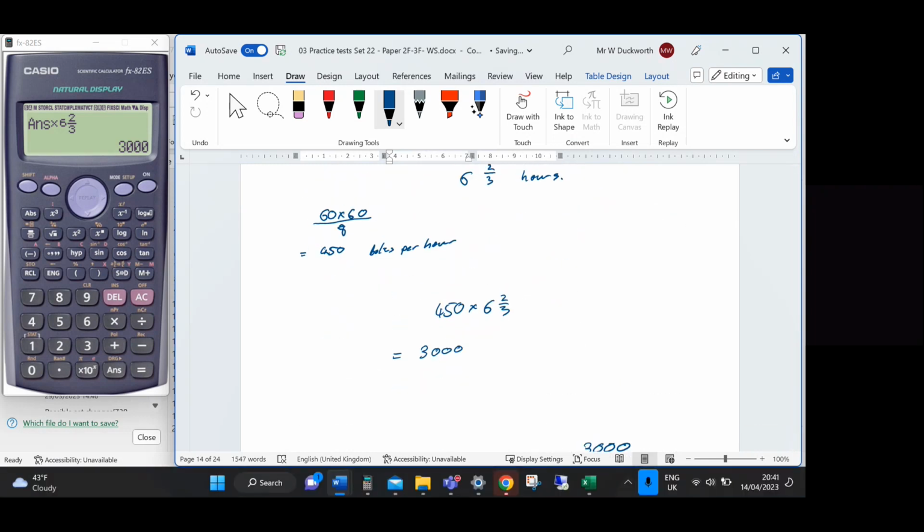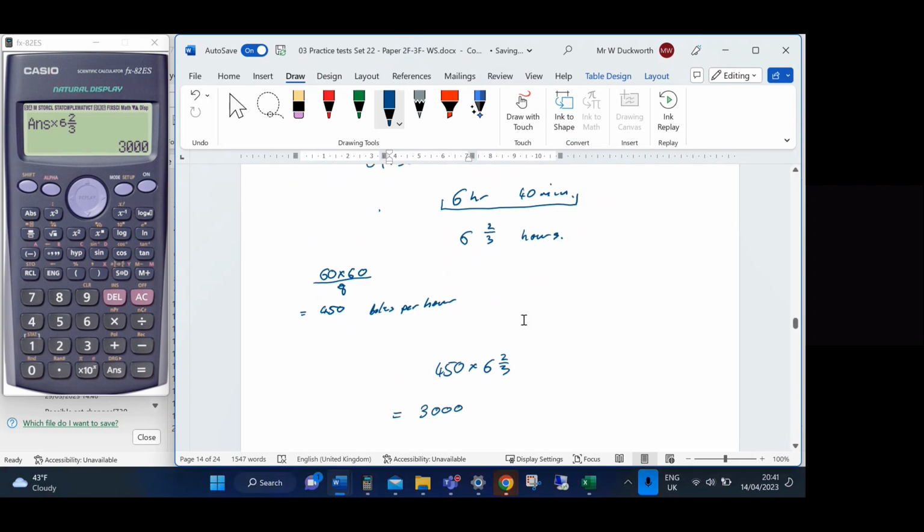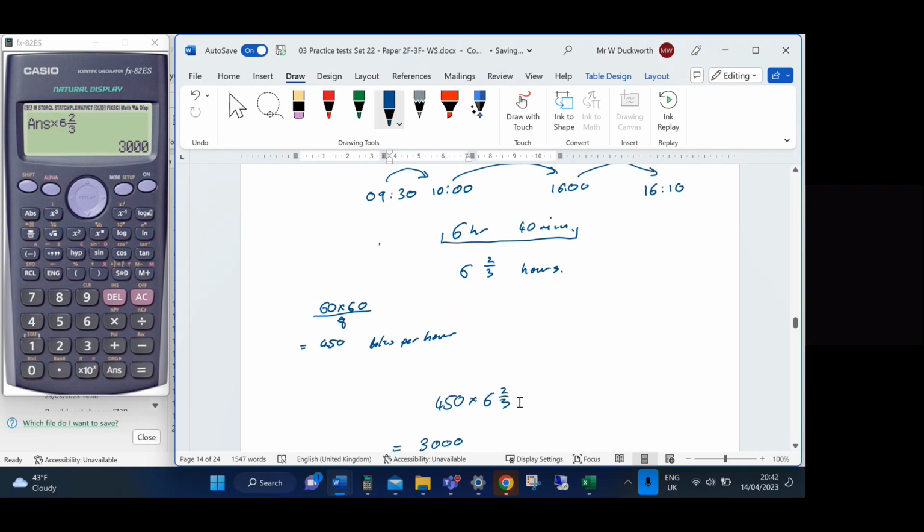Right, where did the marks come from then? There is a B1 for working out the length of time in either hours and minutes, hours as a mixed fraction, hours as an improper fraction, or 400 minutes. So we will go B1 there.